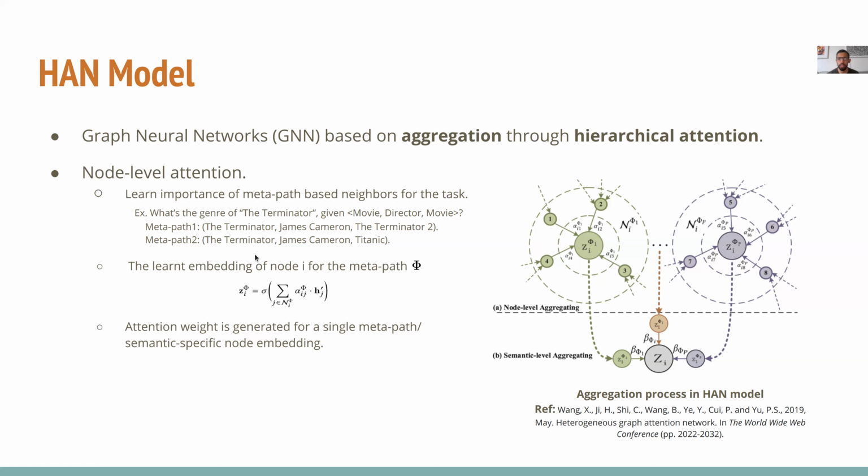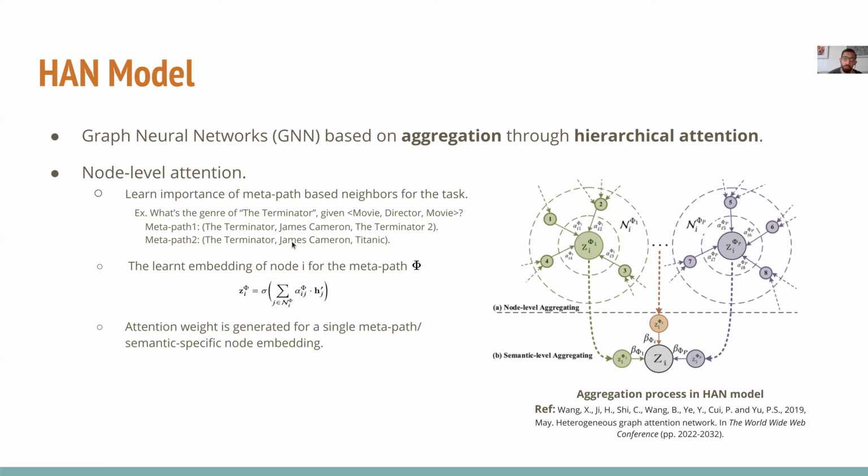The Terminator should be action, science fiction, and so on. Both Titanic and Terminator 2 are metapath-based neighbors of Terminator, but which one is more relevant to predict the label of Terminator? Of course, you can tell that Terminator 2 is more relevant than Titanic. This is the intuition behind why we need to apply attention on the metapath-based neighbors.